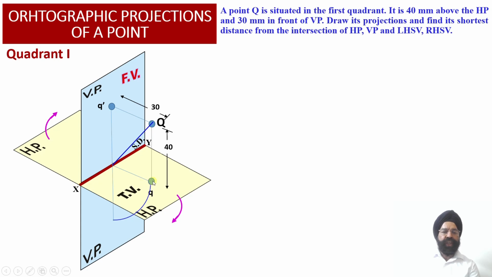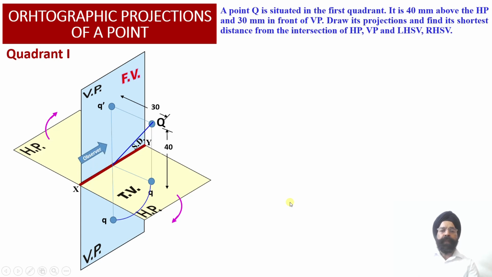So this point Q, after rotation, will be available on the vertical plane, so that we have the Q dash and Q projections available on the same vertical projector line over here.